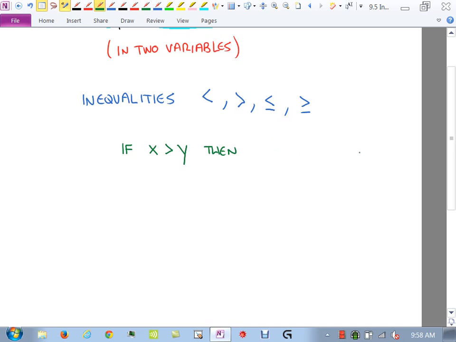If I draw it on a number line, this means that x is over here somewhere and y is over here somewhere. Do you agree? X greater means you're to the right on the number line. Now what if I write x less than y? That means x is smaller than y. So on the number line it would look like this. Just flip them around.